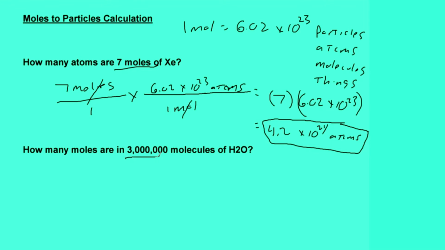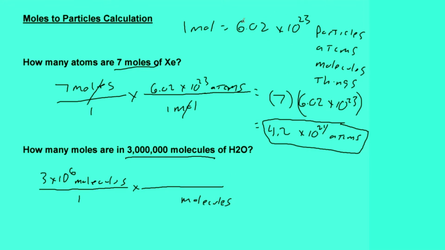Let's say this time we start off with molecules of some water. So again, we're going to start with a number. That's 3 million, so it's 3 times 10 to the 6 molecules. Get into a habit of writing your units down because it's really going to prevent you from making careless errors. So we know if molecules is here, we need the word molecules down here. There's our relationship.